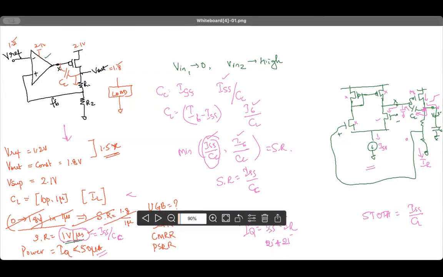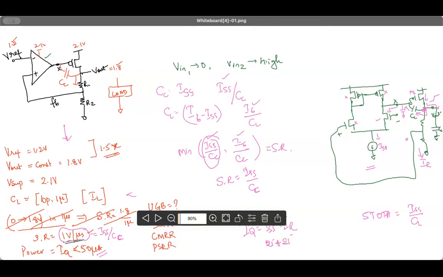The second limiting factor is how fast CC charges. Why should CC charge? CC charges or discharges. This CC is a capacitance which is also connected to the Vout node, and what current we can take out of CC or push into CC depends a lot on ISS.